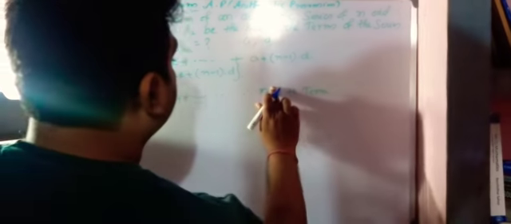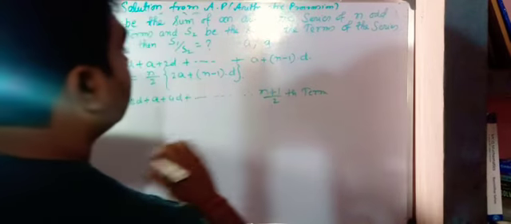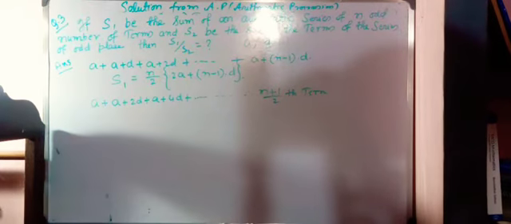Because this is the odd-term series, so that's why I have taken it up to the (n plus 1) by 2th term. And the other (n plus 1) by 2 terms are for the even series.